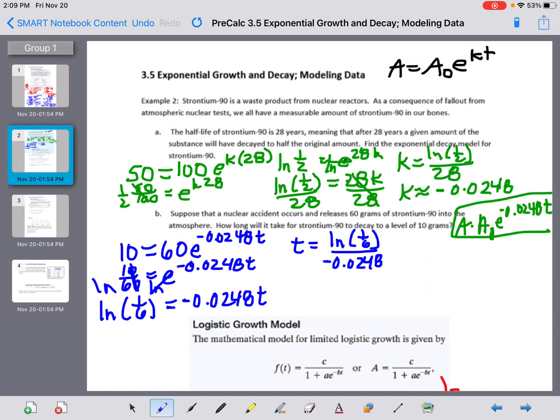All right, let's check to see what our time is here. I'm getting about 72.25 years. It's like 72 and 4 months, right?